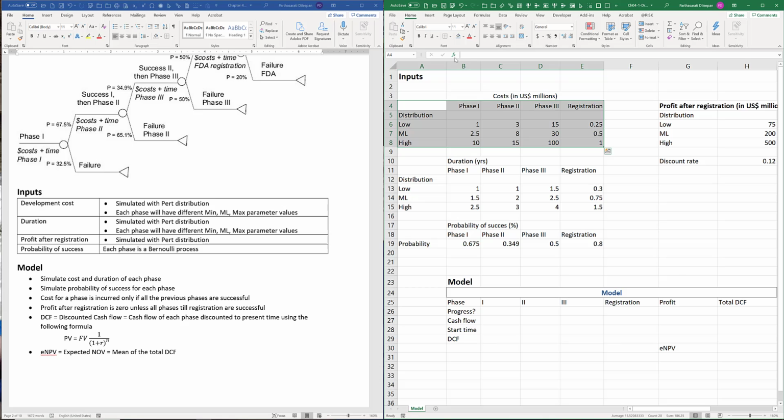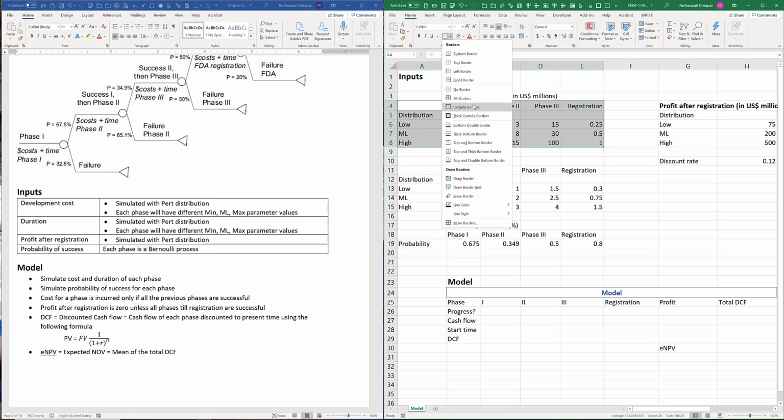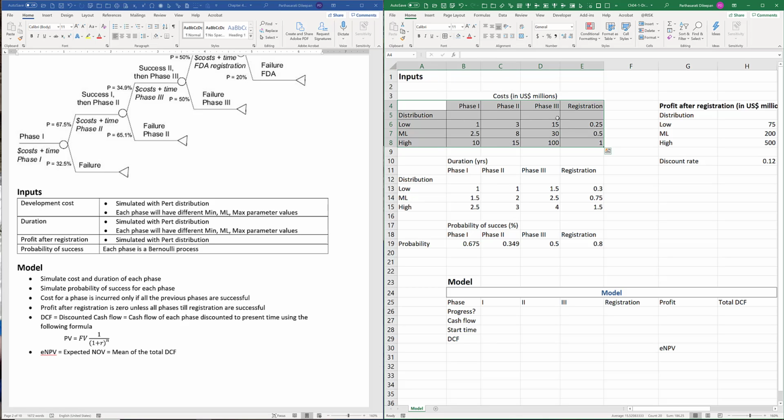Okay, so these are the input values. So these are the min, most likely, and max parameters for each phase.